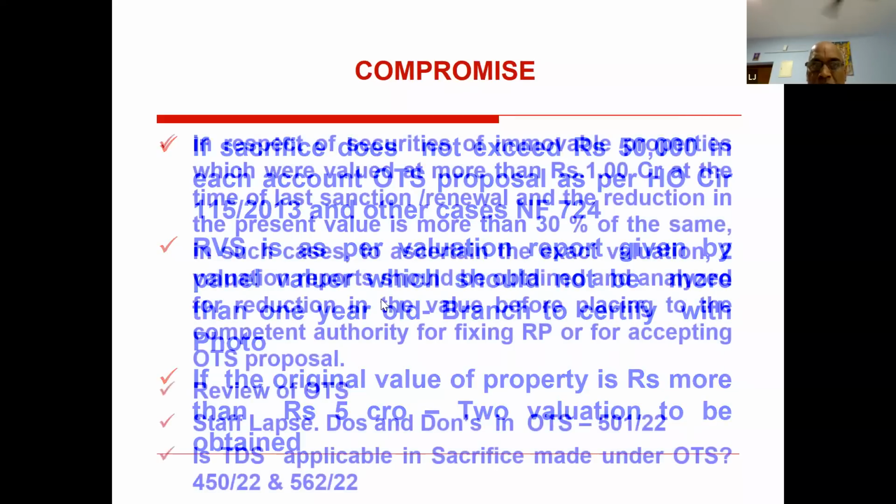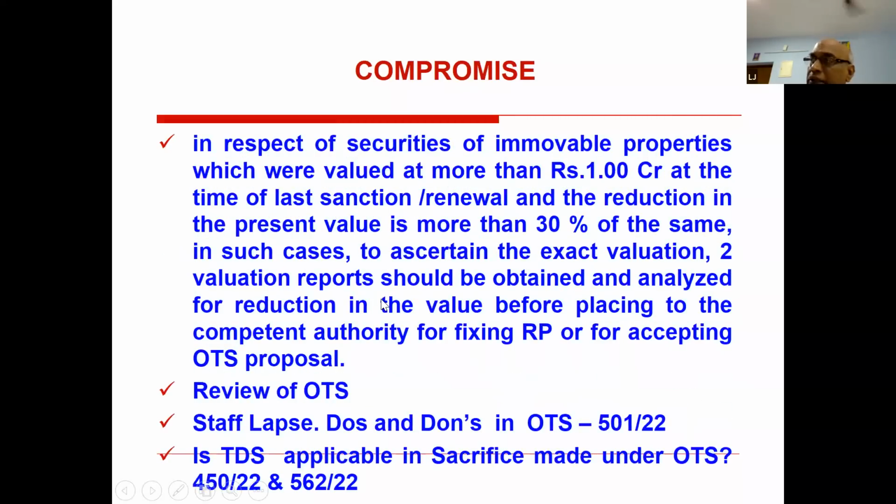In one more case also, you have to take two valuations. You read the paragraph, 1 minute. In respect of securities of immovable properties which were valued at more than rupees 1 crore at the time of last sanction or renewal, and the reduction in the present value is more than 30% of the same.